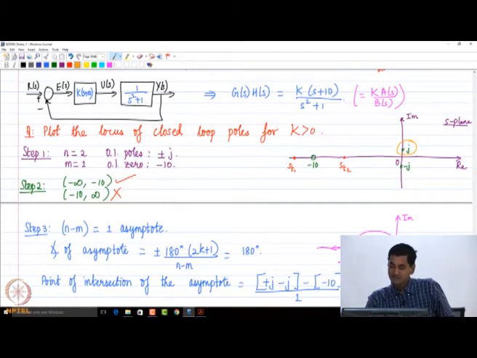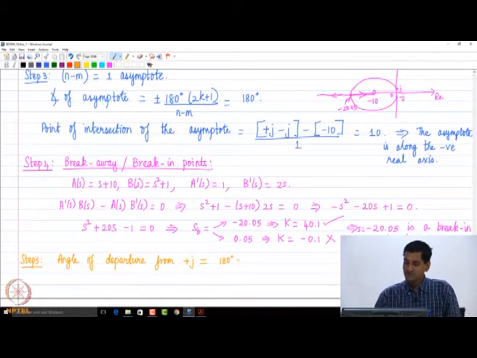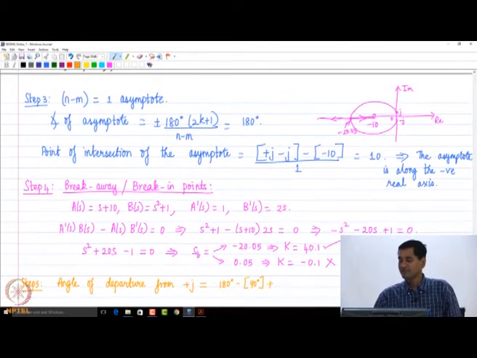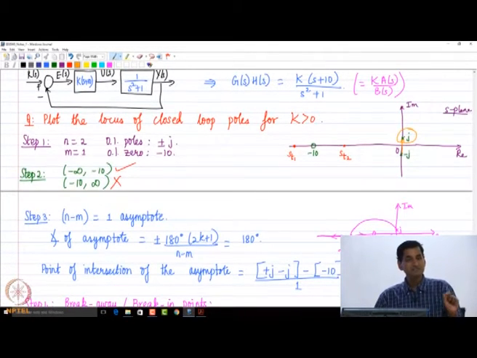Minus j. So, if I draw a vector from minus j to plus j, what is the angle made by that vector? 90 degrees. So, I just write 90, there are no other open loop poles, plus the sum of the angles made by the vectors drawn from open loop zeros to this open loop pole. What is the only open loop 0 here? Minus 10.